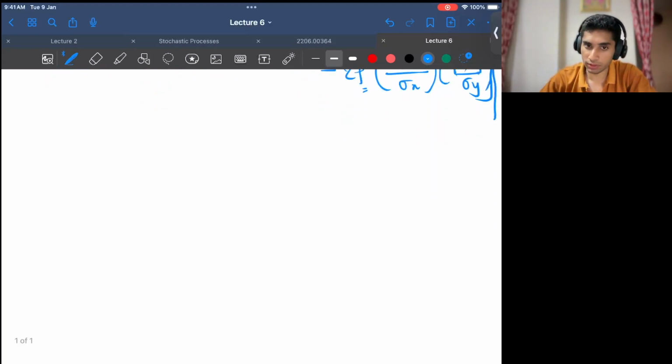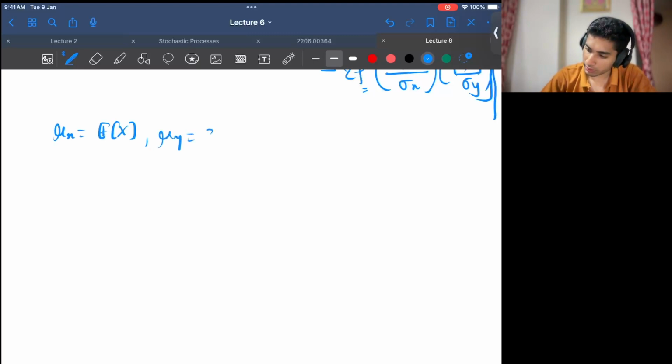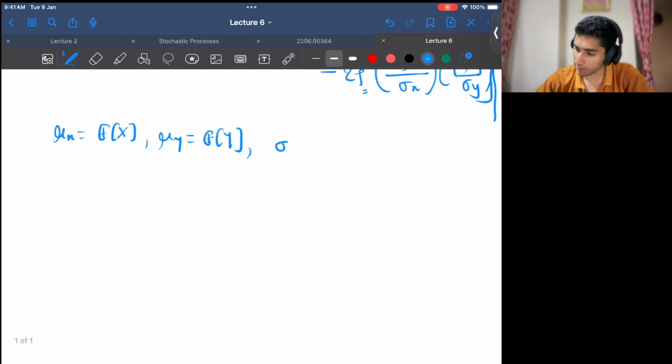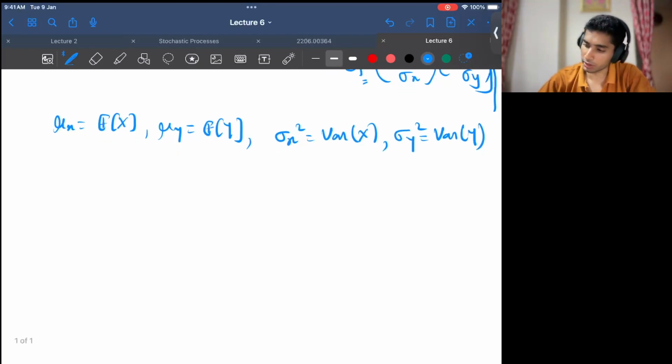Just for the sake of completeness, mu x is just the expected value of x, right? Mu y is the expected value of y. What is sigma x? Sigma x square is basically the variance of x. Sigma y square is the variance of y. And what is rho?